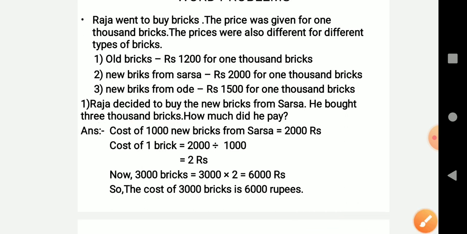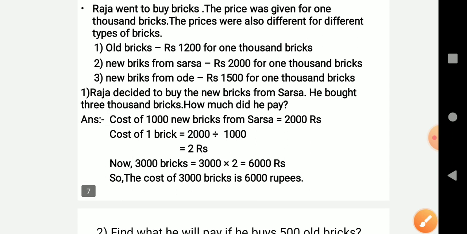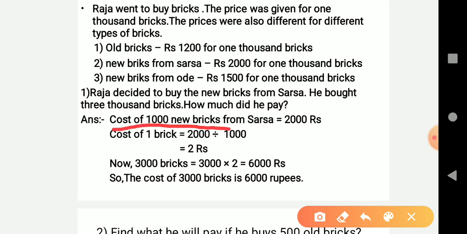Okay, look at the answer given here. First we write the cost of 1000 new bricks from Sarsa. So we already know that the cost is rupees 2000. Okay, so first we find the cost of only one brick.